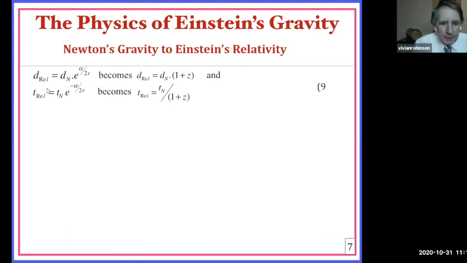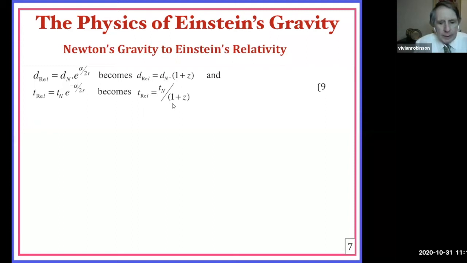In a similar manner, time distortion by a massive object is given by time at distance r equals time at 0 multiplied by e to the minus alpha over 2r, or trel equals tn e to the minus alpha over 2r. That reduces to trel equals tn over 1 plus z.